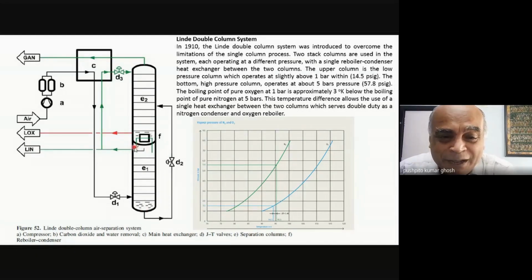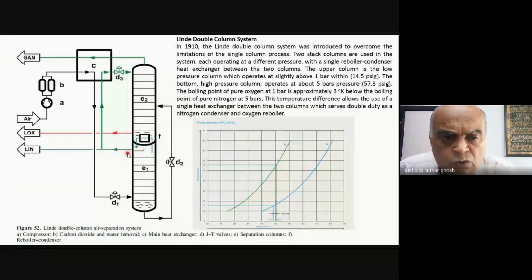They're forming liquid nitrogen here, and because you've got a fractionation column, this is a very pure nitrogen, because you can imagine there is a very large difference in the boiling points of nitrogen and oxygen in the high pressure column. You can see, in fact, it widens. So you get very pure nitrogen over here in liquid form.